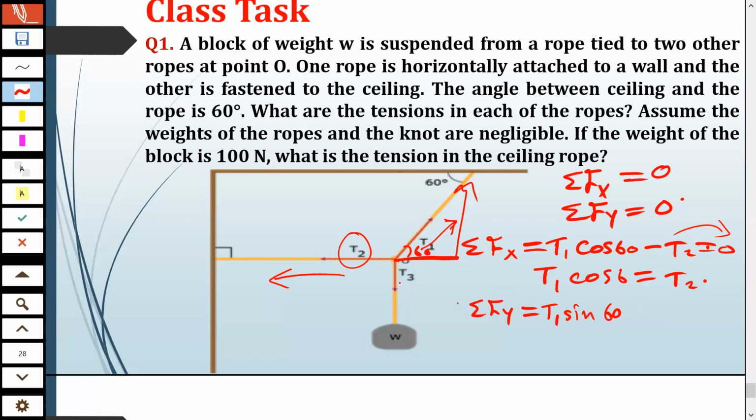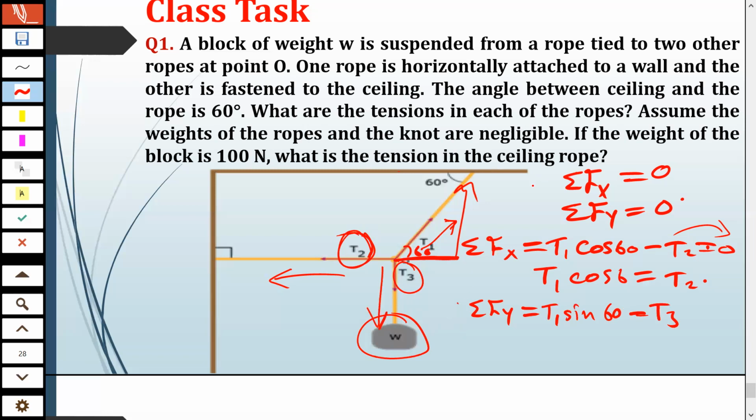For T2, we don't have any y component, so we leave that. Then T3, which is equivalent to the weight, is only in the y. So we simply write minus T3, because it's pointing towards the negative y.